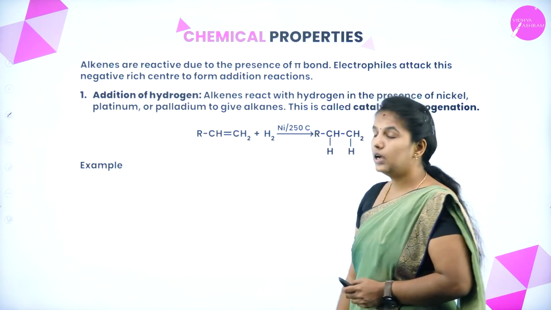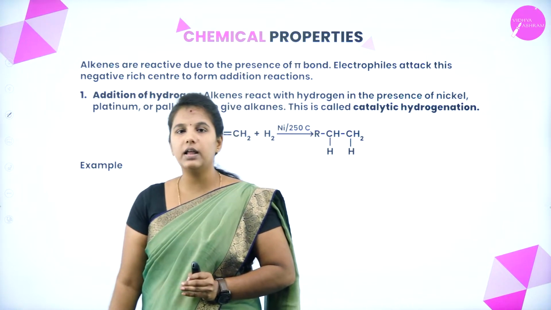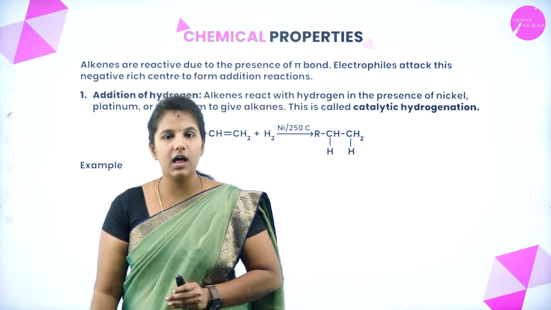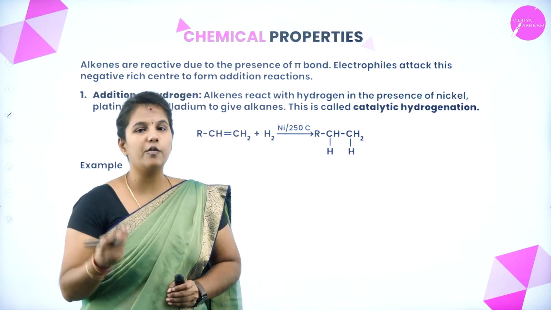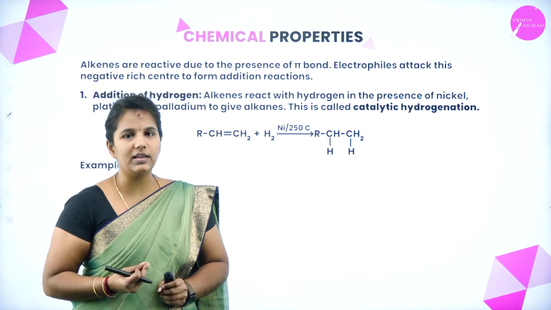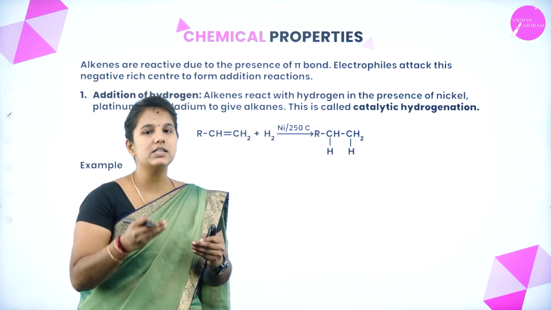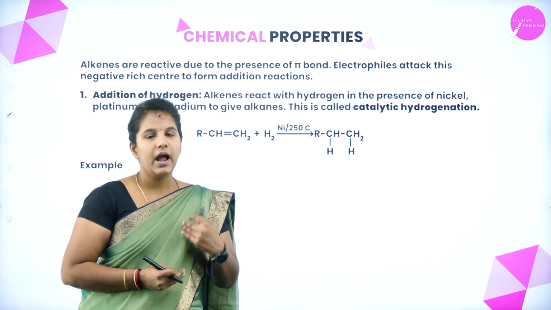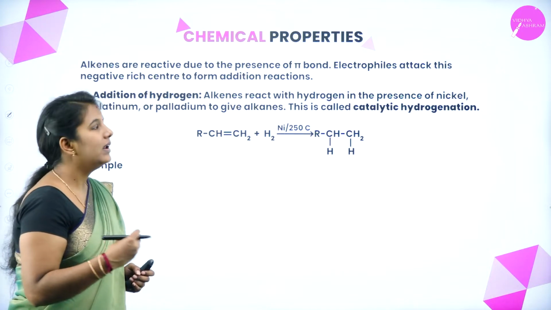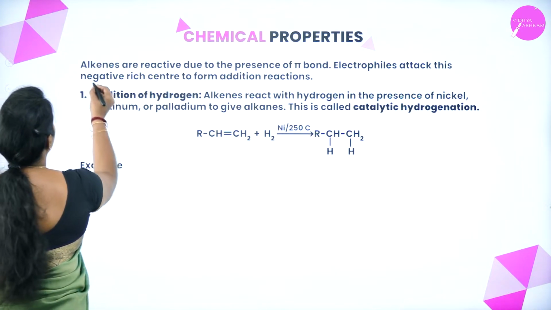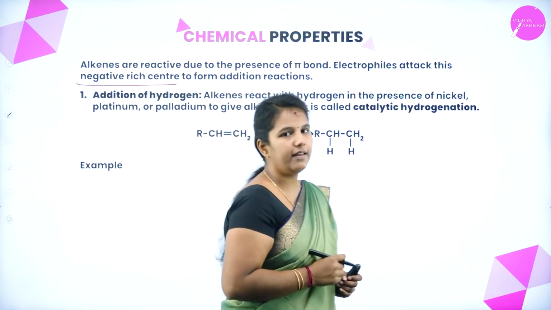We all know that alkenes are highly reactive compared to the alkanes. The main reason is the presence of pi bond in the alkenes, which makes the alkenes more reactive as compared with the alkane. And also, in alkenes, an electrophile can easily attach to the electron rich center to form an addition reaction.